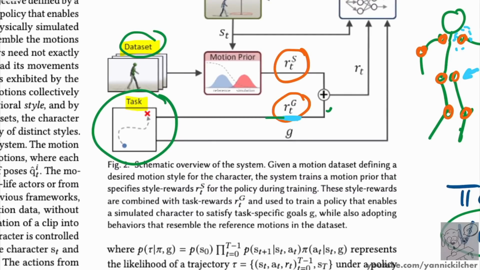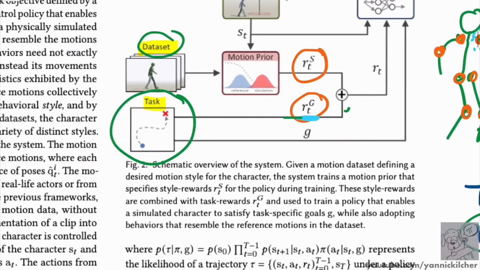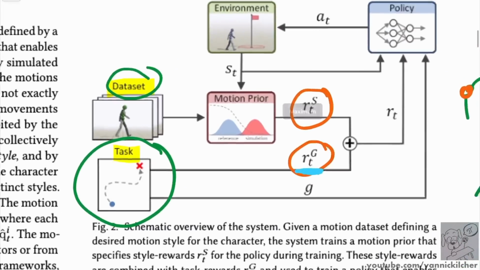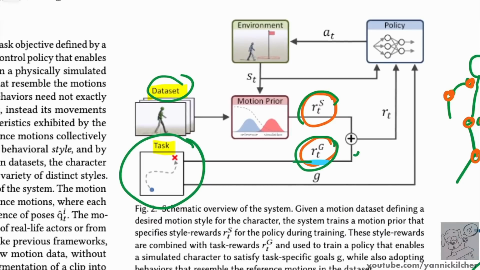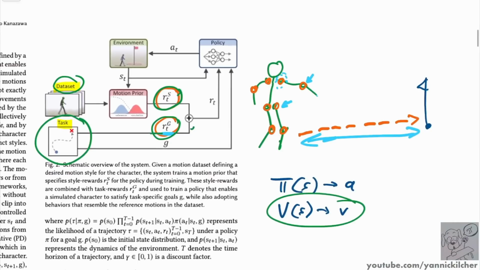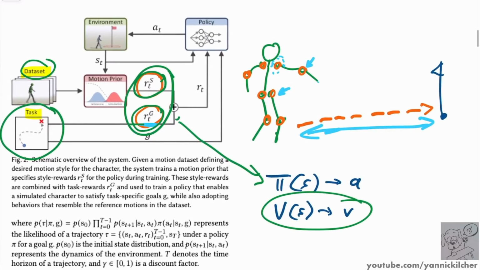Sorry, you actually train the whole thing on this reward, but the bottom part you can imagine is the reward comes from reaching a goal. The top part also gives you a reward, okay? And yes, I want to reiterate, both of these rewards are used to train the policy and the value in a policy gradient fashion.